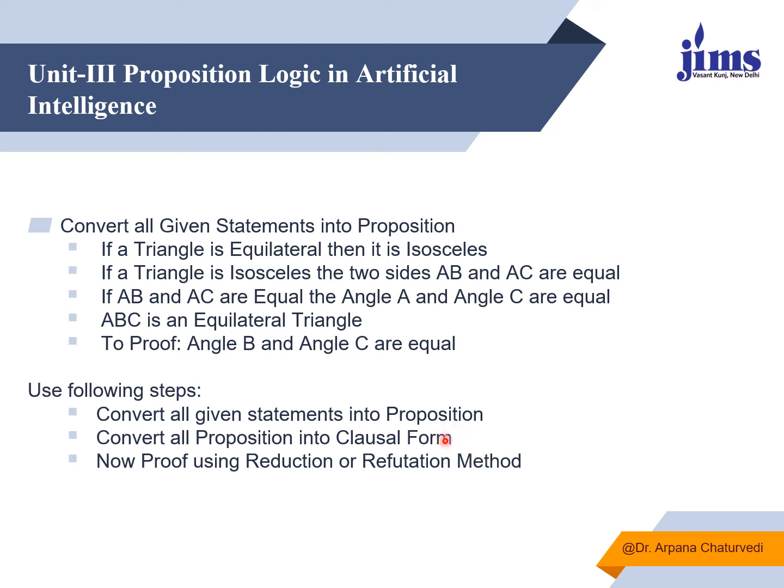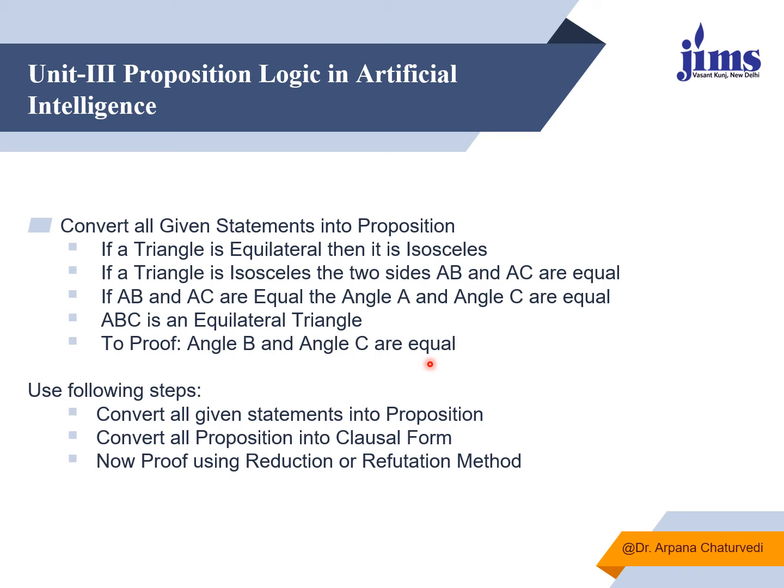Once we convert the given propositions into conjunctive normal form, we will prove the given statement using proof by reduction, or refutation. It means that we will be using the opposite of the statement which is given to us. Let's say it is given that angle B and angle C are equal.